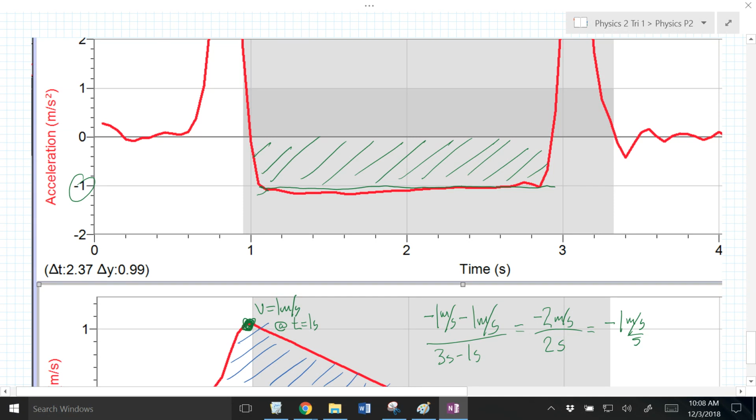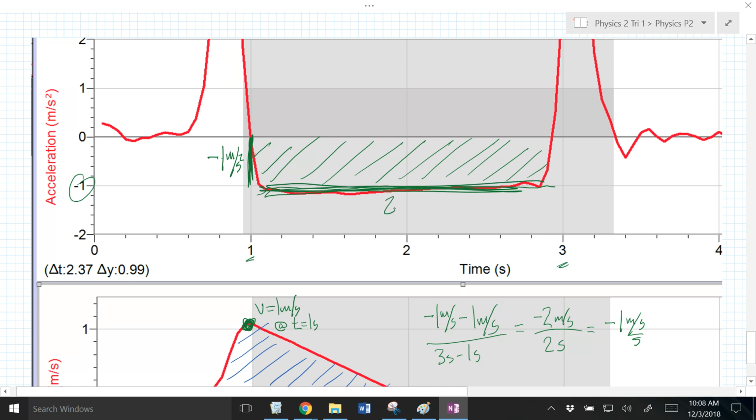So I'm seeing some references to distance, but think about this as a rectangle. This side here, okay, that's -1 meter per second squared. And this here, the base of this thing, basically it's running from 1 to 3.